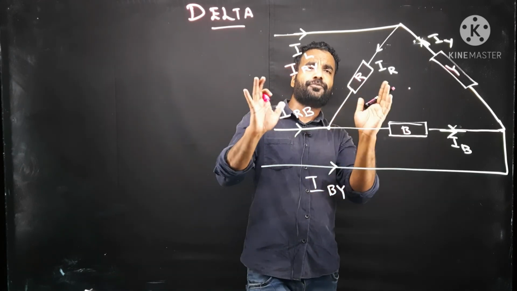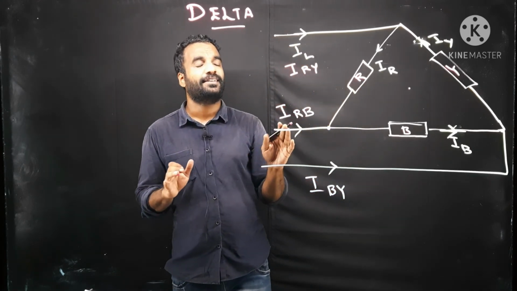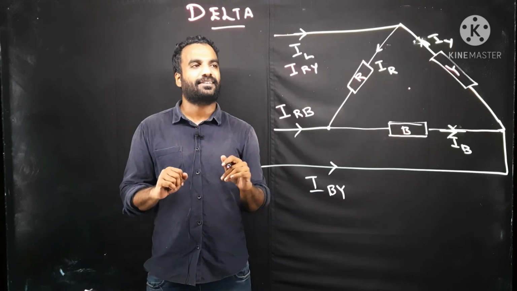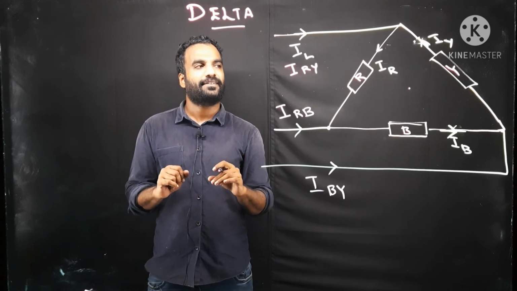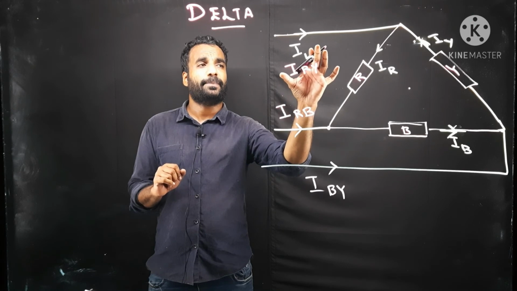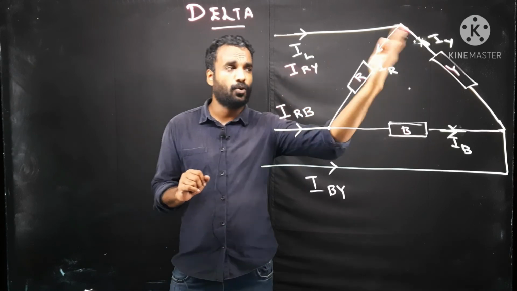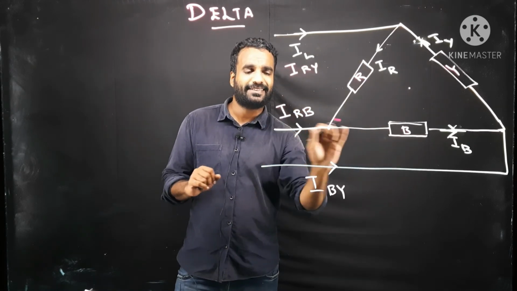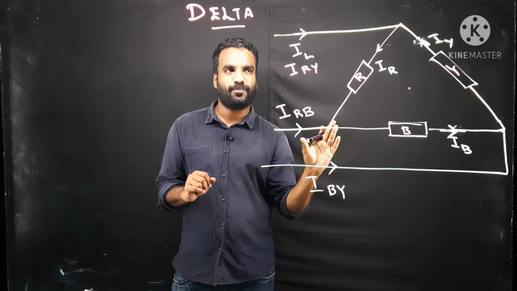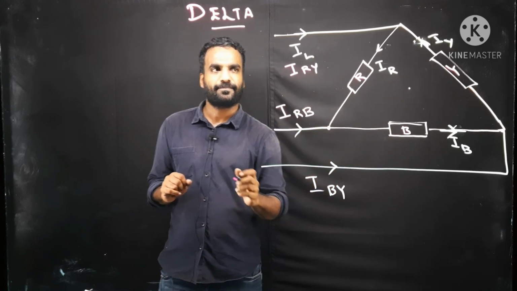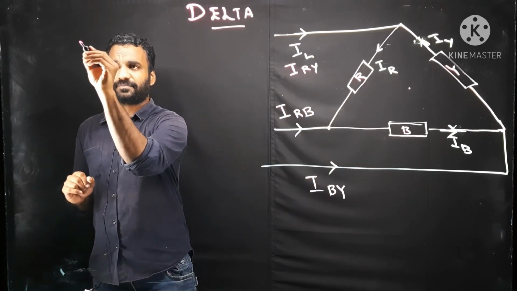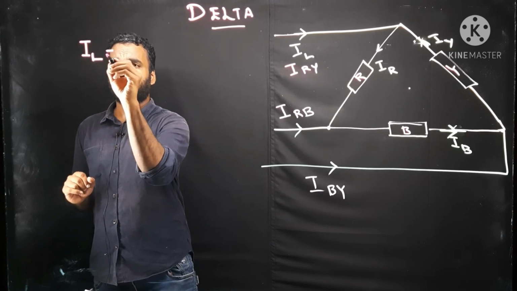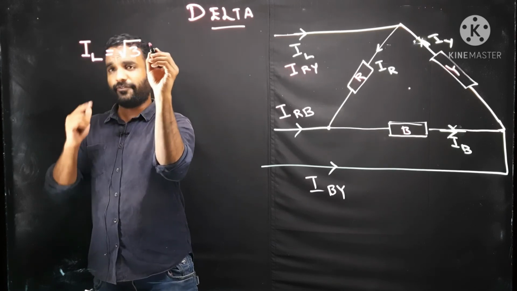So from the first view itself, it is very clear there will be line current and phase current. Which is line current? This one will be a line current. This is the load and suppose this is KSEB lines coming into your home. So this is 3 lines. So line current, I line is root 3 I phase.